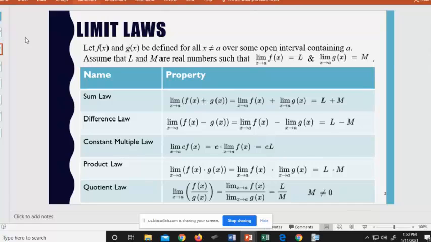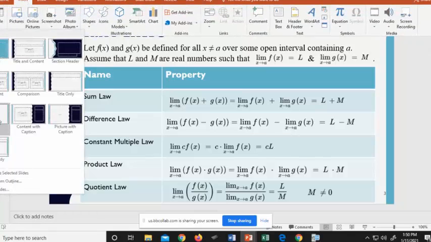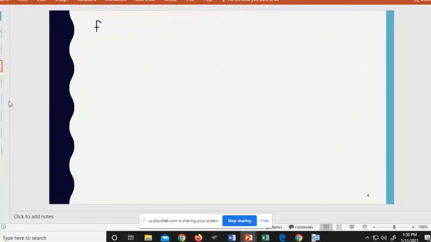So for this first one, let f of x equal x squared, and let g of x equal 5.